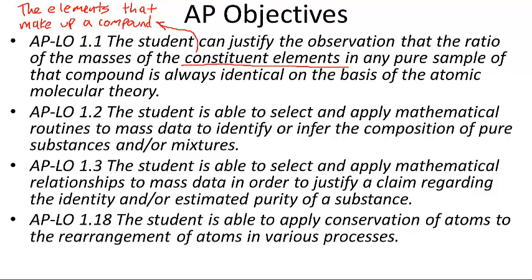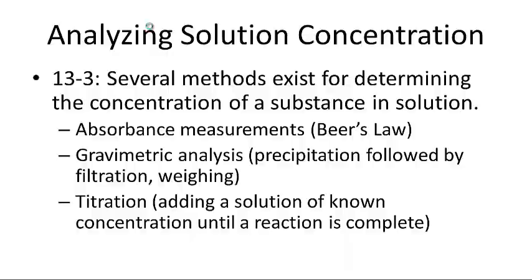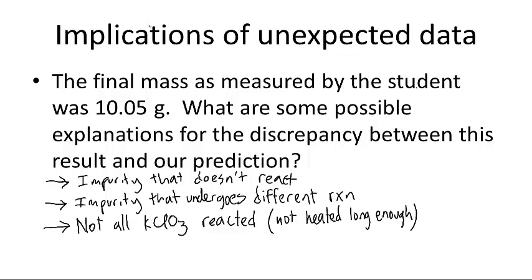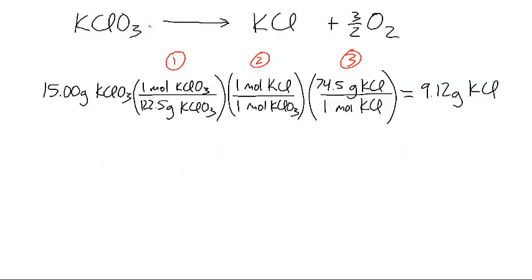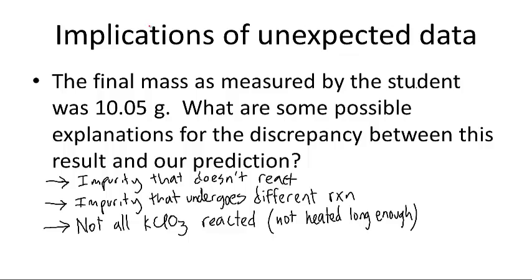Remember we talked about when you do an example, you can determine what the expected result is based on stoichiometry. So here was an example where we had a bottle of potassium chlorate. We ran a reaction. We had one expectation. We said we'd expect the mass to be 9.12 grams after we heated it. And then afterwards, if it was 10.05 grams, that would make us question its purity.